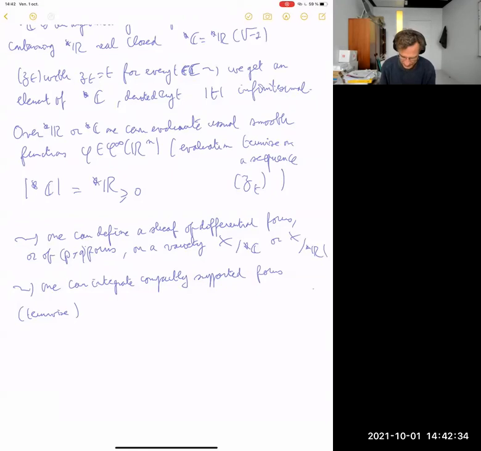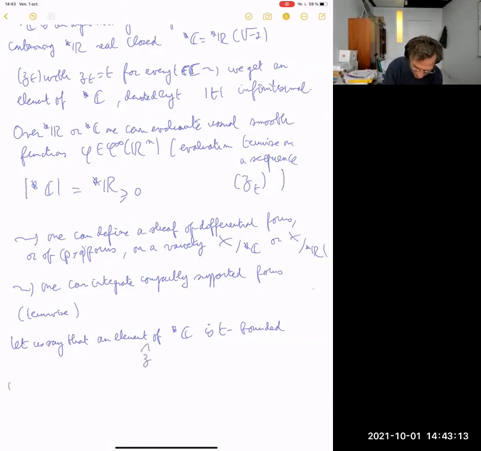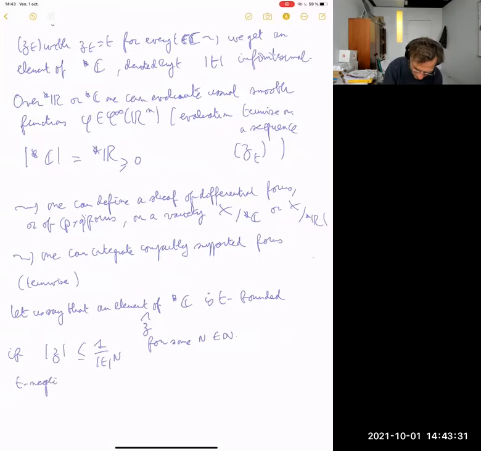We are only interested in t-adic phenomena, so we will need to consider only a specific subset of star R and star C. So now let us say that an element z of star C is T-bounded, remind that t is very small, if z is smaller than 1 over the absolute value of t to the n for some n in N, and t-negligible if this holds for all n.